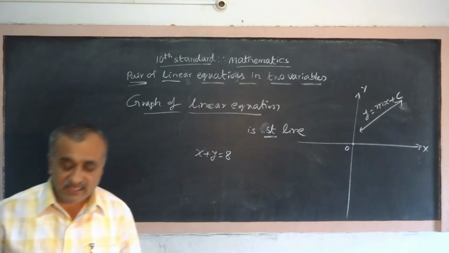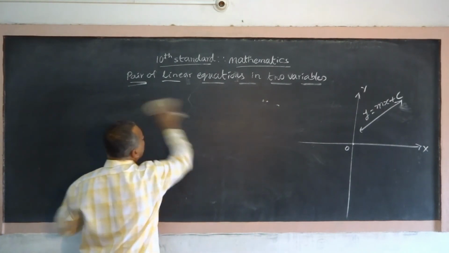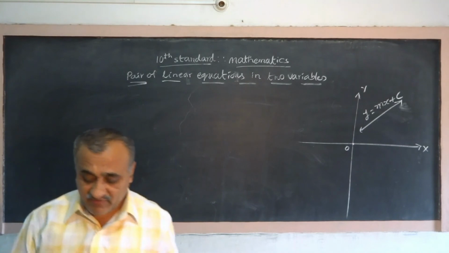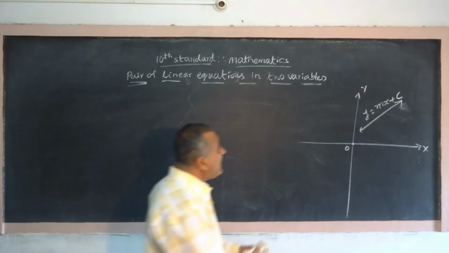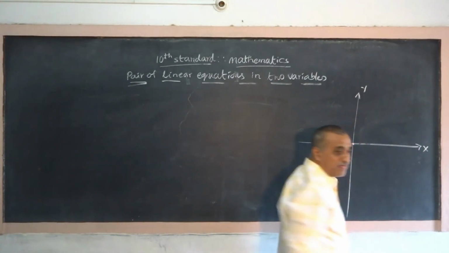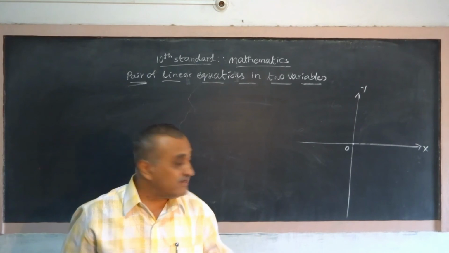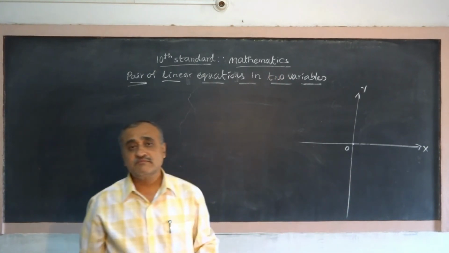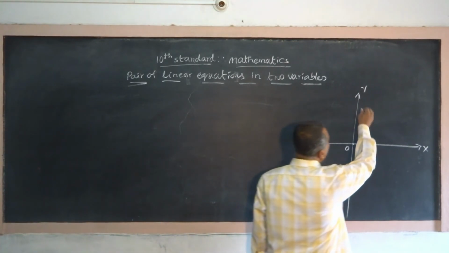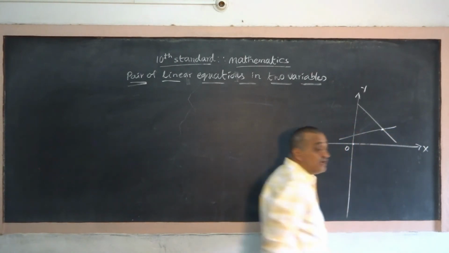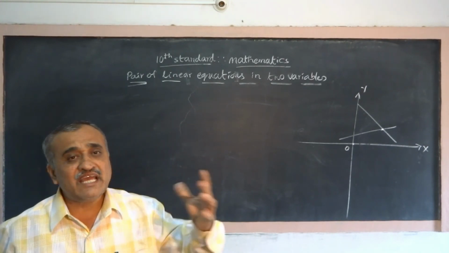Now, if you plot a pair of linear equations in two variables, how might it look? A pair of linear equations means two linear equations, plotted on the same graph sheet. It may look like this: two lines may intersect at a single point.